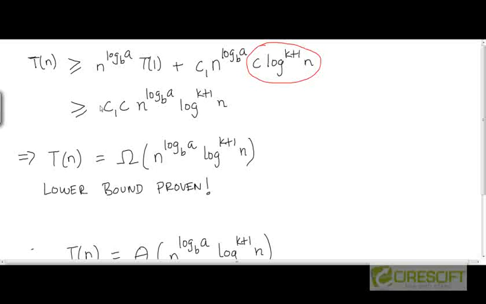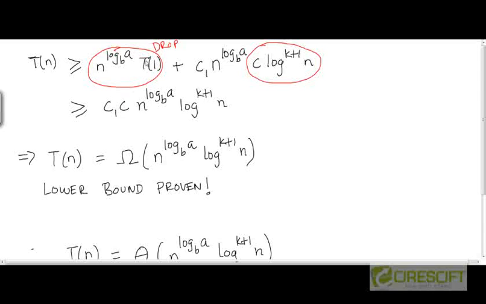Now if T of n is greater than or equal to this term plus this term, it must be individually greater than this term. So we can drop this term and get an expression which is even less than or equal to this combined expression.